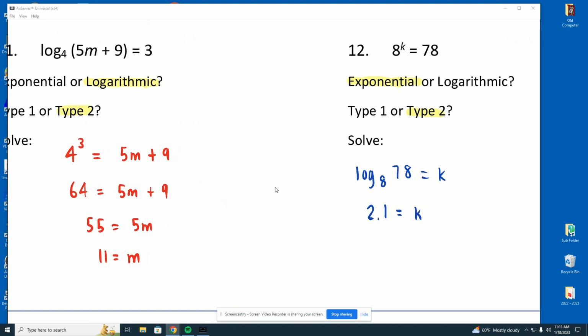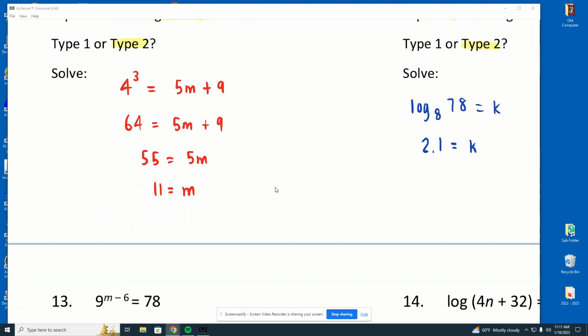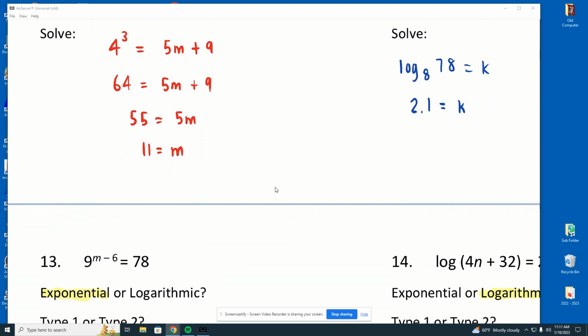So 2.1 equals k. I put 2.09. Yeah, I mean, it's fine. I'm not going to mark that wrong. But it's technically 2.095. So the 5 technically rounds the 9 up to a 10. So 2.1. But it's fine. Or would it not be 2.0?